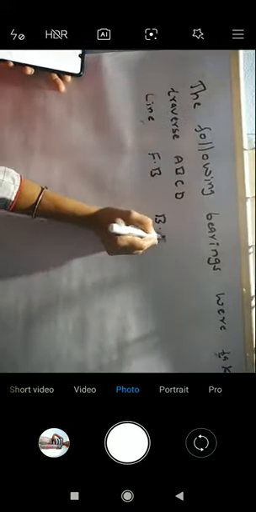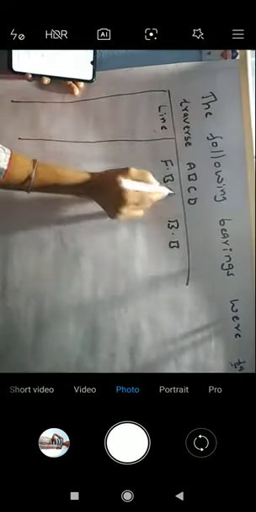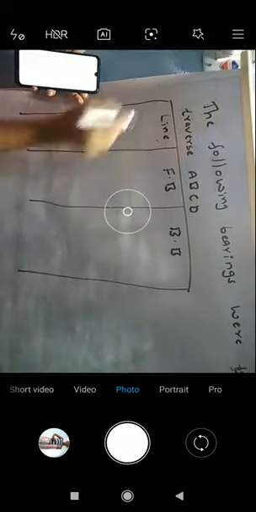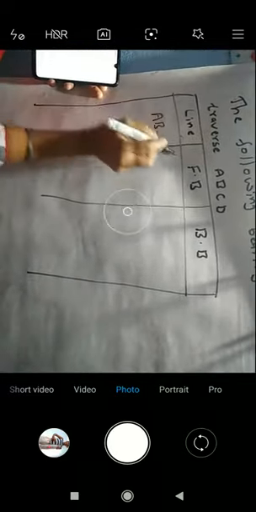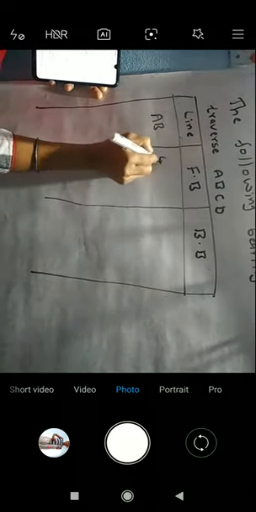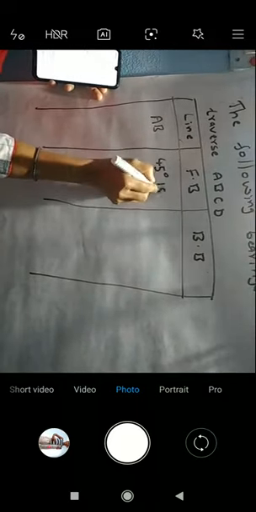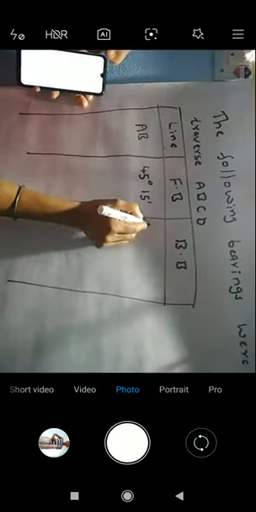Line, fore bearing, back bearing. For line AB the fore bearing is 45 degrees 15 minutes and back bearing is 225 degrees 15 minutes.